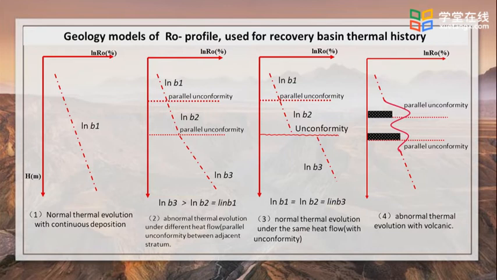We have a parallel unconformity between them, and after the parallel unconformity, the second one has an increased RO, and this could be a different heat flow affected by the abnormal thermal evolution under tectonic events that happened or other factors affecting the heat flow or the thermal history of the area.